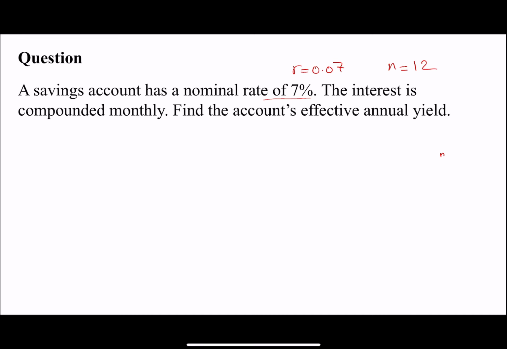Find the account's effective annual yield. You don't have the principal, so you cannot find the future value, but you can find the effective annual yield directly using this equation. Just plug in the values. I give you around 30 seconds to answer this. Go ahead, plug in the values and find the effective annual yield.